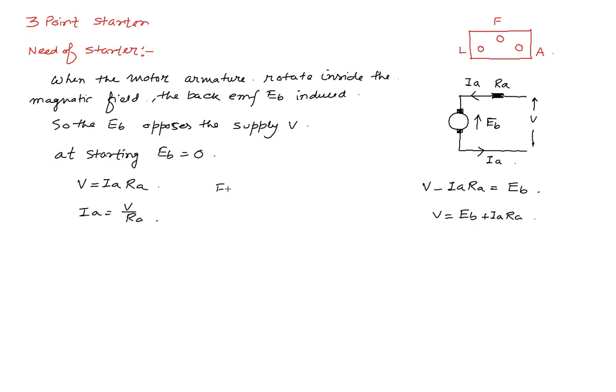Now for a DC machine, RA is very small, so V by RA is much higher, which means IA is very high.